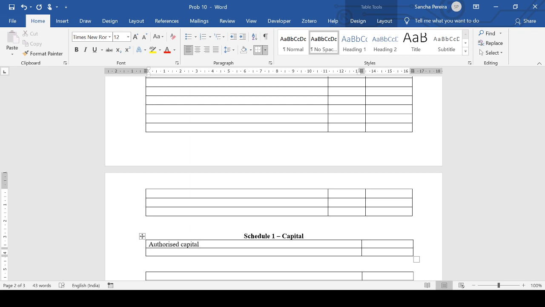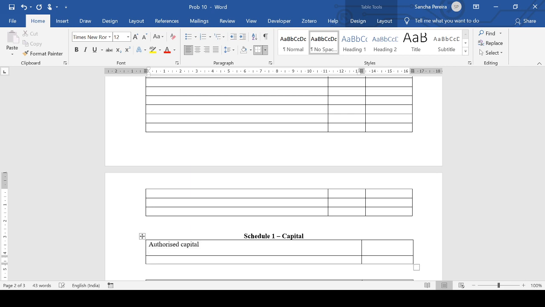And authorized capital is 50 lakhs divided into 5 lakh shares of rupees 10 each. Now that comes to 50 lakhs. But we are showing the figures in thousands, so these three zeros won't be there. So we write it as 5,000.